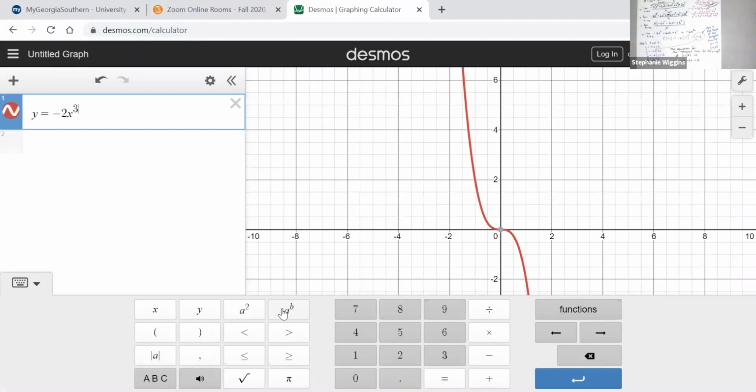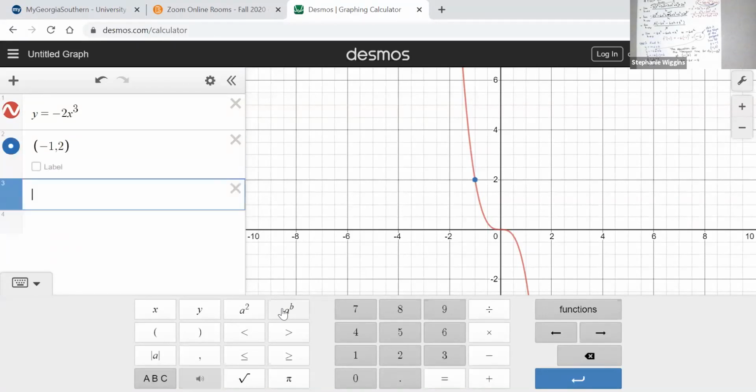Okay, there's my function. And then I'm interested in finding the tangent at the point, what was it? Negative 1, 2. Okay, there's my point. And so the tangent line is going to be passing through the point and touching the graph, not crossing the graph. Okay, so it's going to be y equals negative 6x minus 4. And there you can see it.